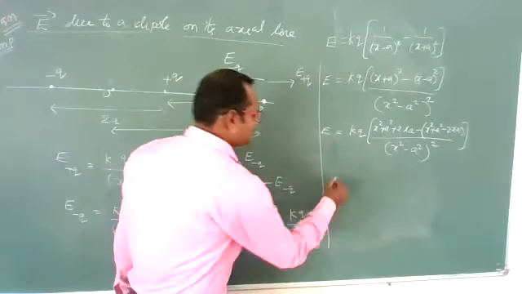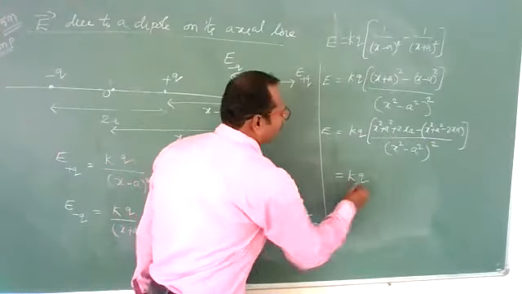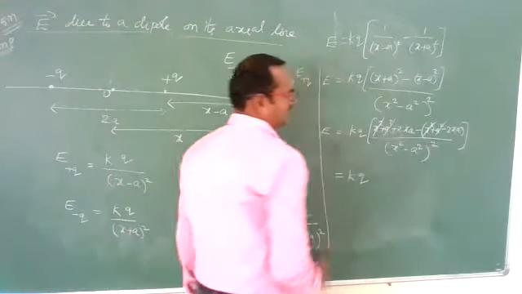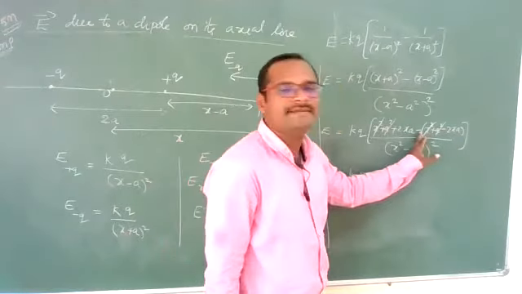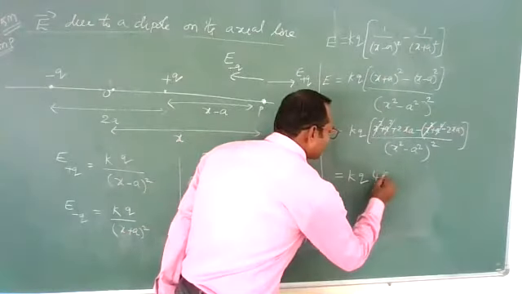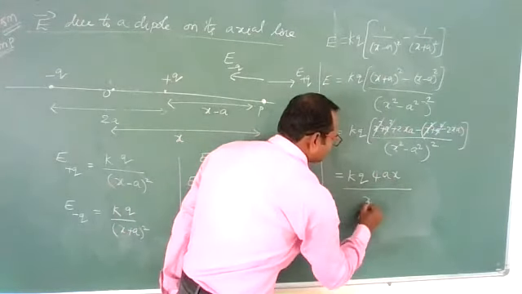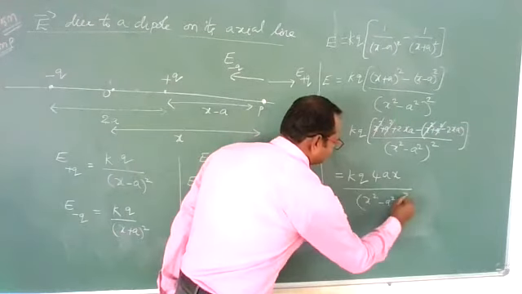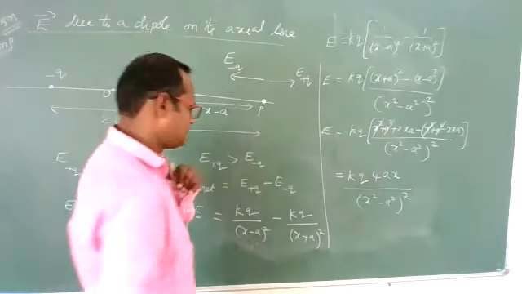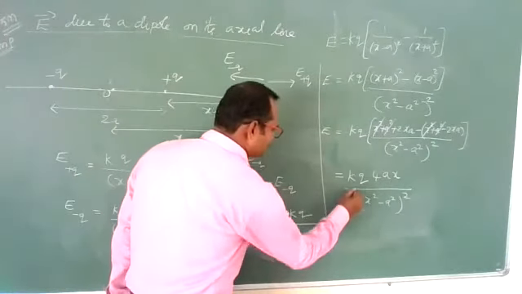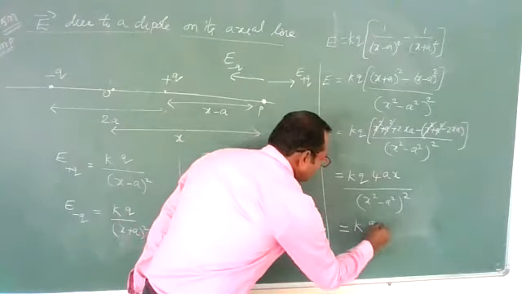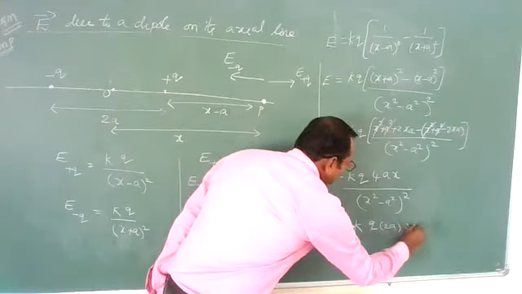So it will become KQ into x square minus x square cancel, a square minus a square cancel. Minus of minus becomes plus, so plus 2ax plus 2ax is plus 4ax, upon (x square minus a square) whole square. So this value can be written like this: KQ into 2a into 2x.